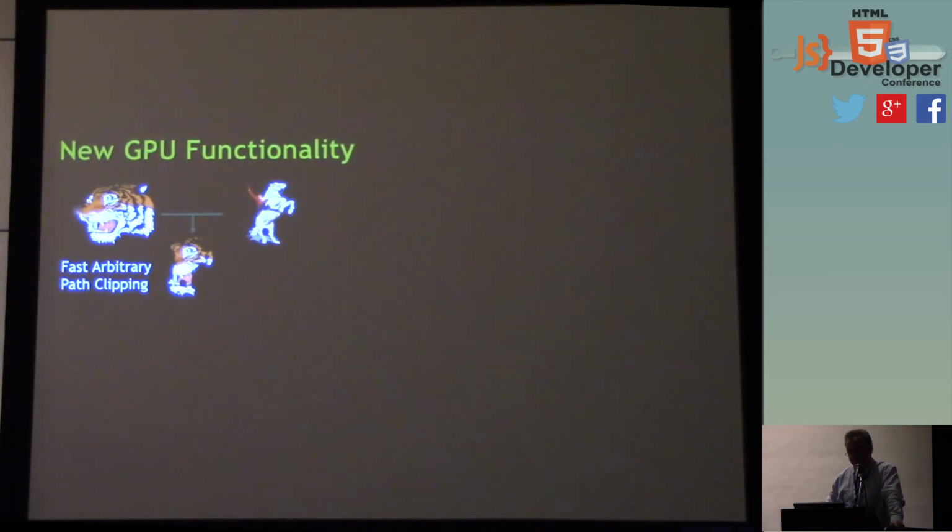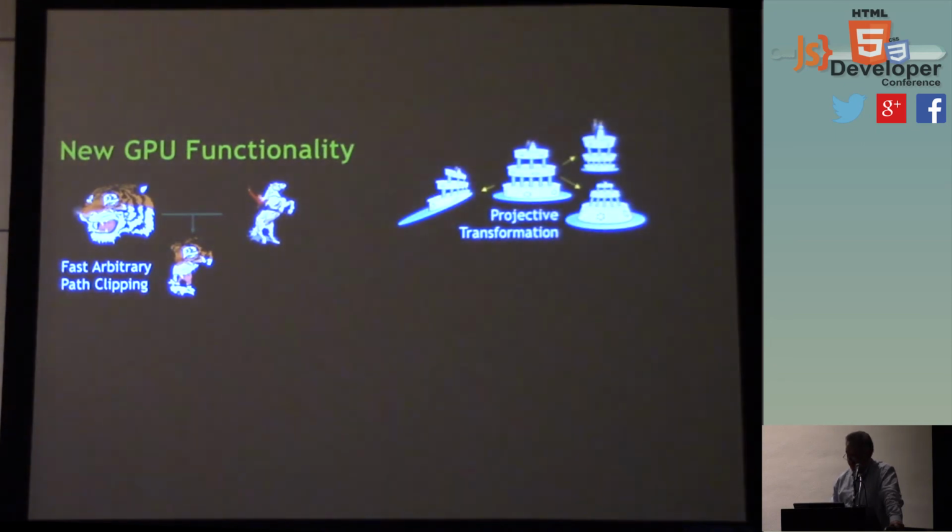We can also bring new functionality, and we'd love to work with the SVG folks to see if we can fold this into future versions of SVG, perhaps. Because we have the path in the stencil buffer, we can use the stencil buffer and OR it with other things. So we can take a complex path and use a complex path as a clipping path. We can actually do projective transformations because we have the full power of the matrix hardware in the GPU.